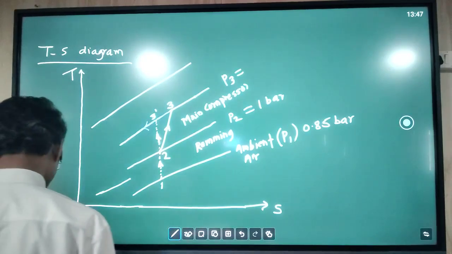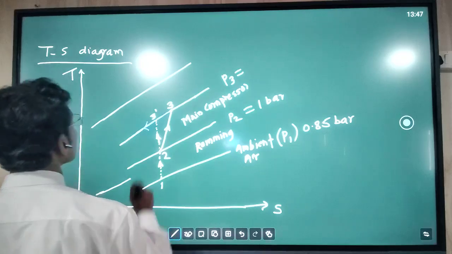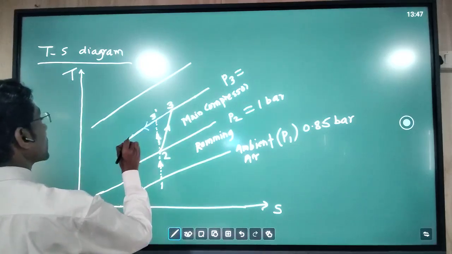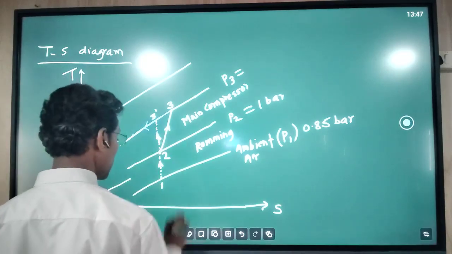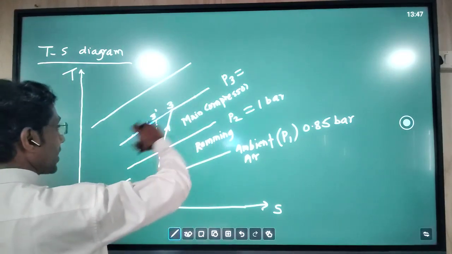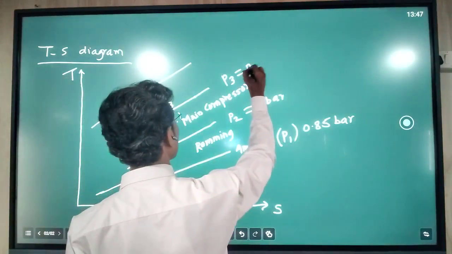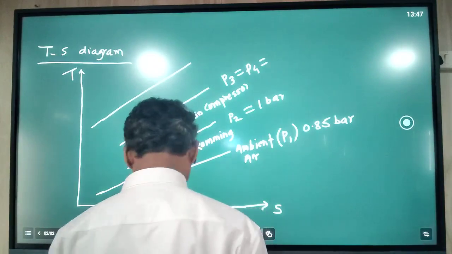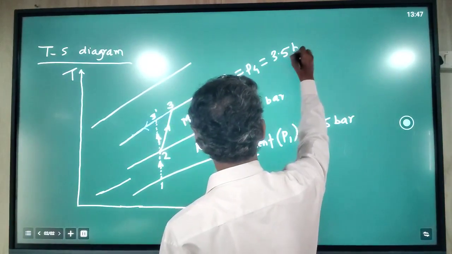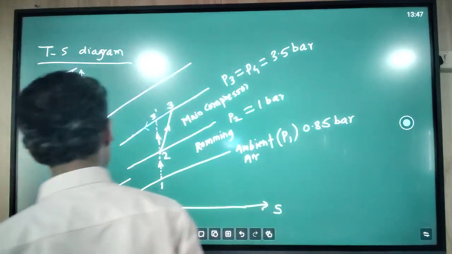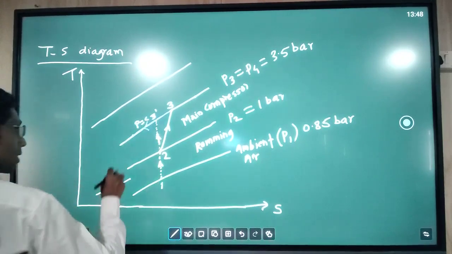Point number 4 is the end of the first heat exchanger. So point 4 is lying on the isobaric line through 3. So the pressures P3 and P4 are the same, that is 3.5 bar. This is a constant pressure process.